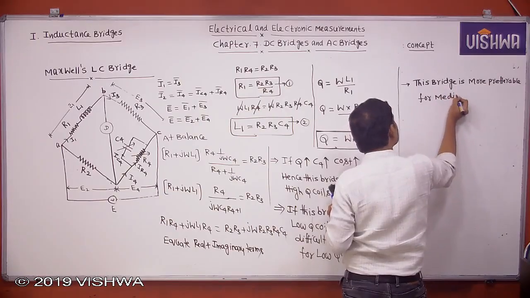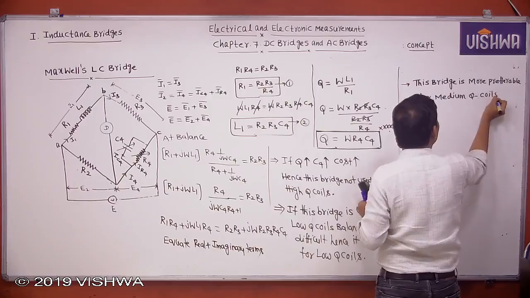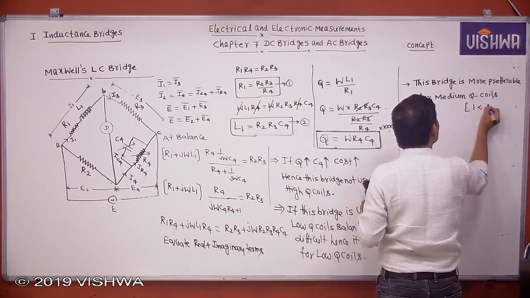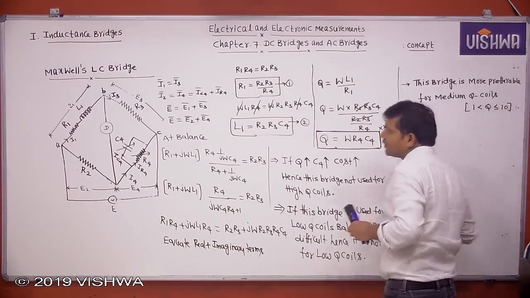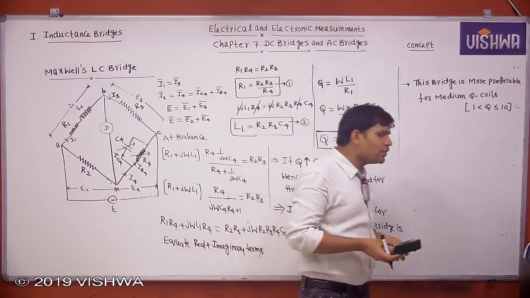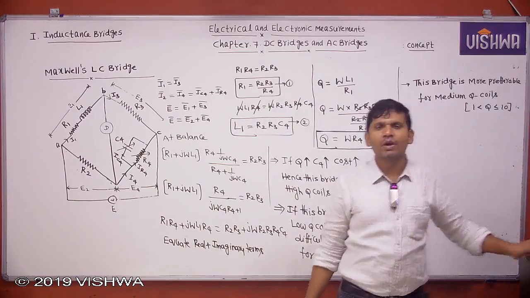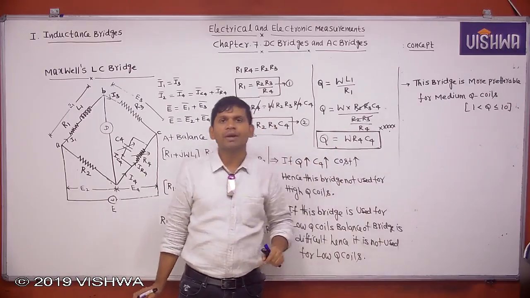Medium Q coils means what is the range of Q? For 1 less than Q less than or equal to 10 only, this bridge is more preferable. This is the reason why it is not used for high Q coils, why it is not used for low Q coils. It is only preferable for medium Q coils.